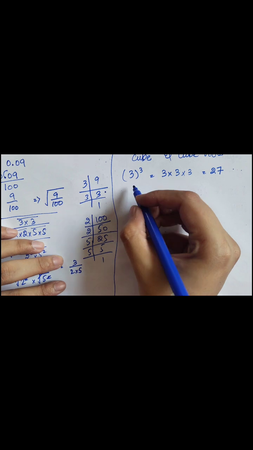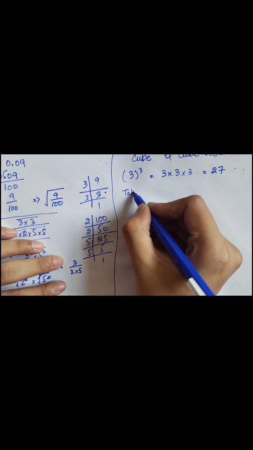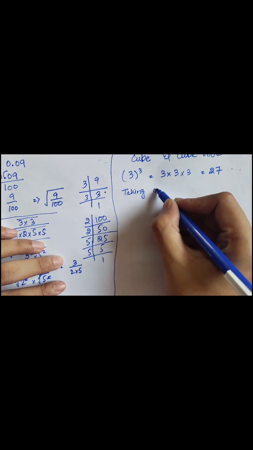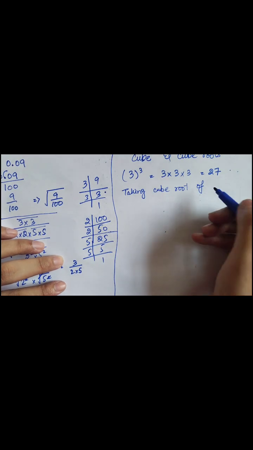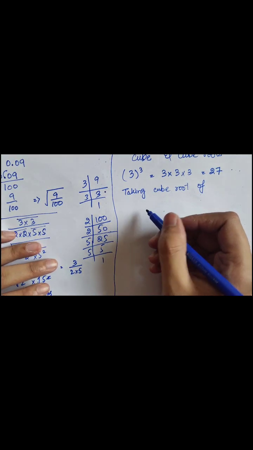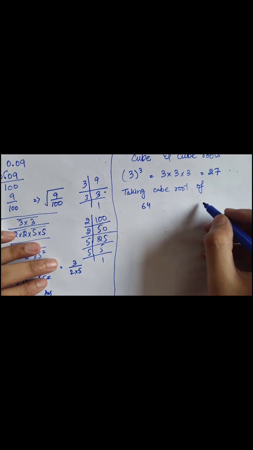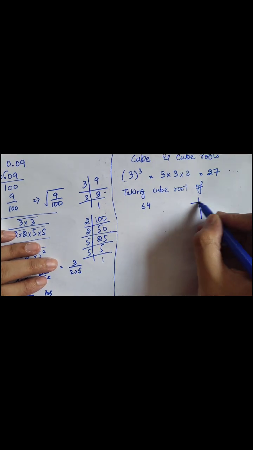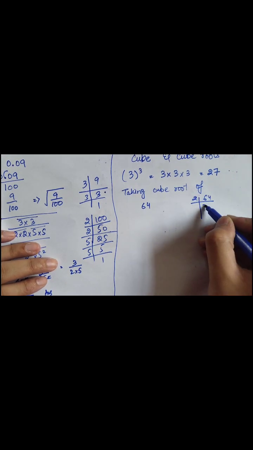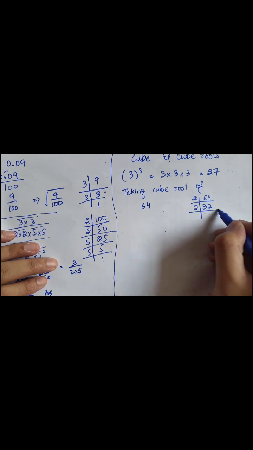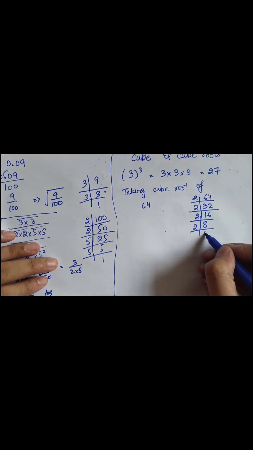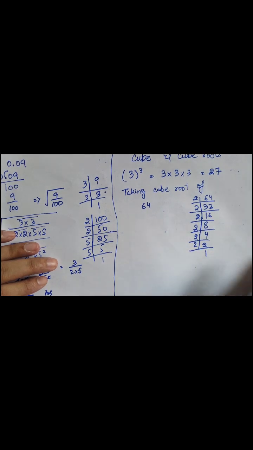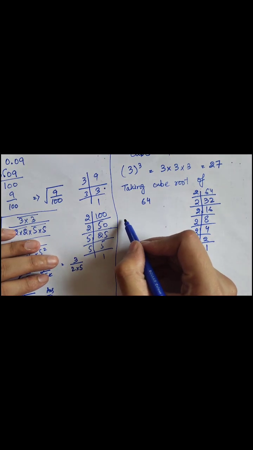For example, taking the cube root of 64. Firstly, make the factors of 64. These are the factors of 64 which I have made.